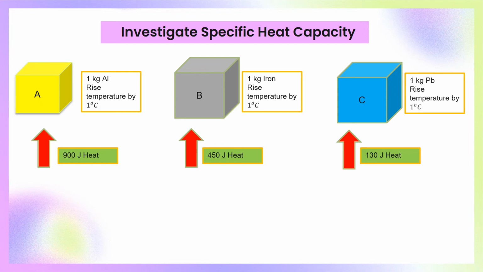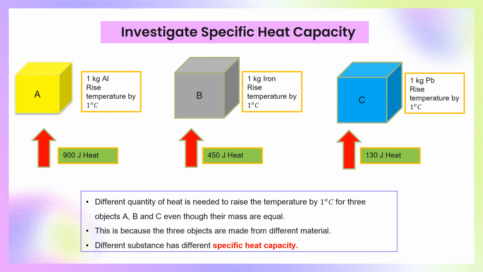And the one with the higher specific heat capacity is block A because it takes a longer time to be heated. A different quantity of heat is needed to raise the temperature by 1 degree Celsius for the three objects A, B, and C, even though their masses are equal. This is because the three objects are made from different materials. Different substances have different specific heat capacities.